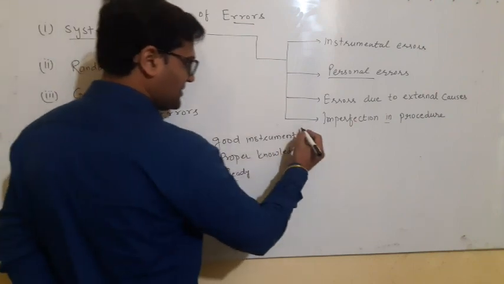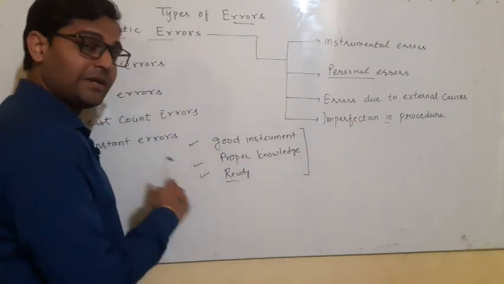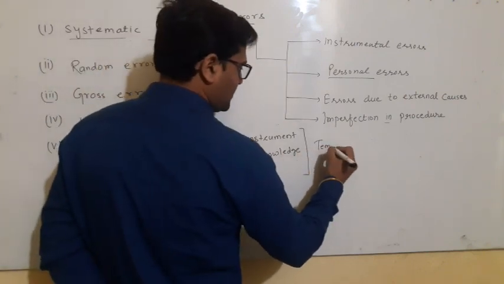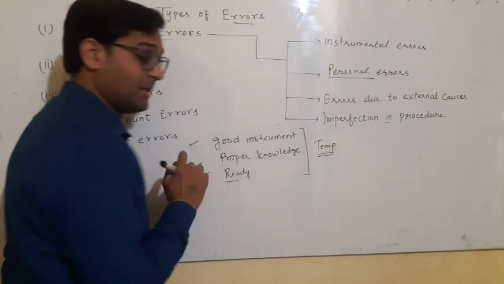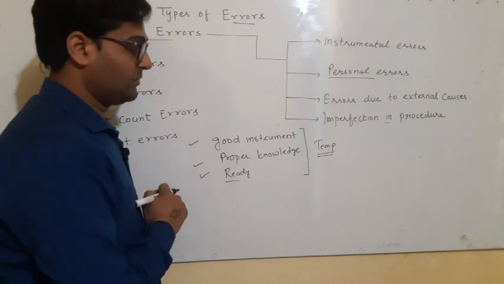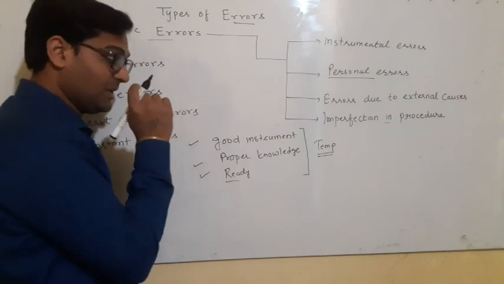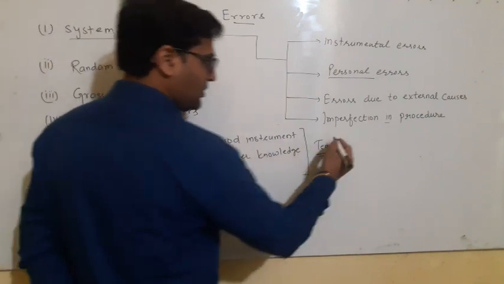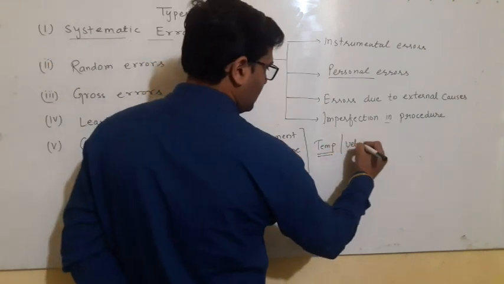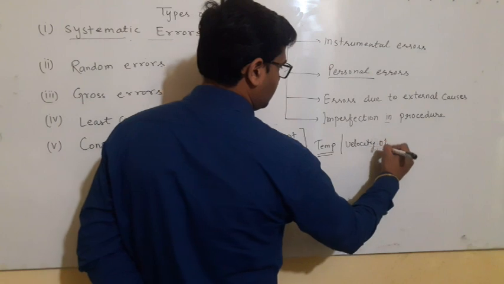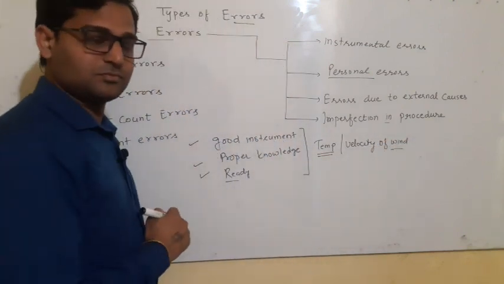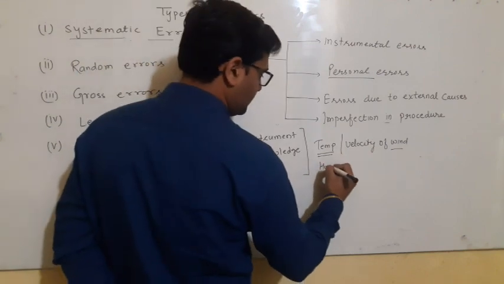But instead of having these things accurately, temperature is not favorable for my body. Temperature is either very high or very low, right? Or velocity of wind, or you can take humidity.